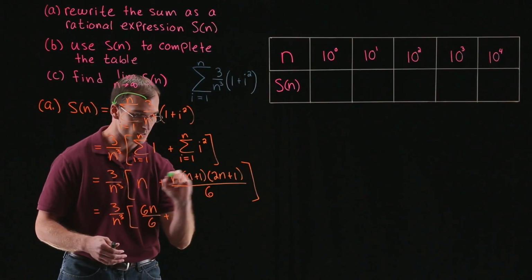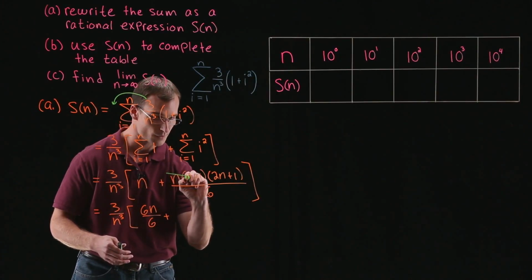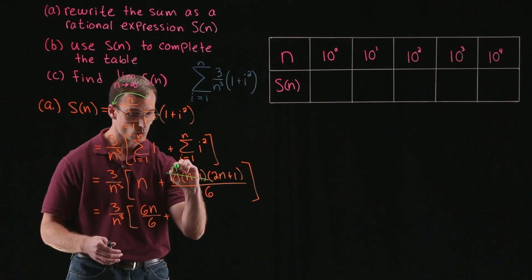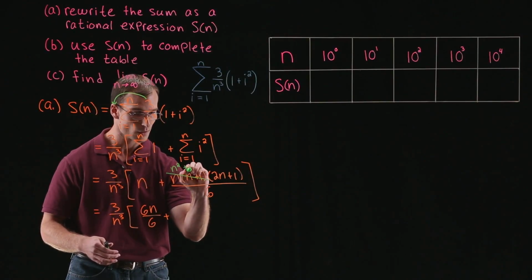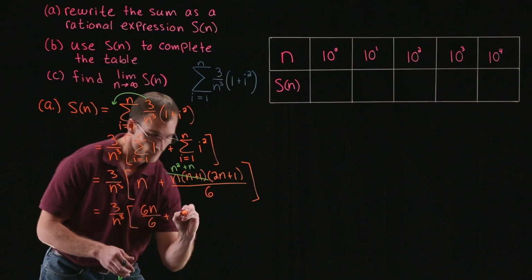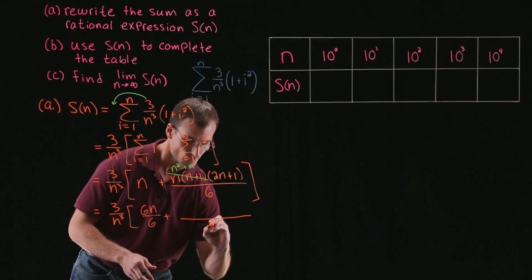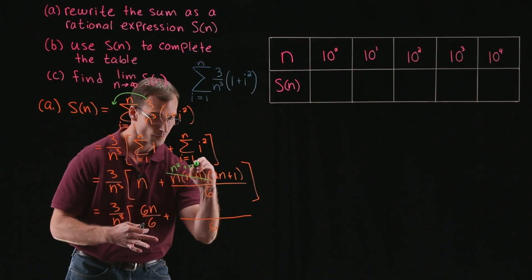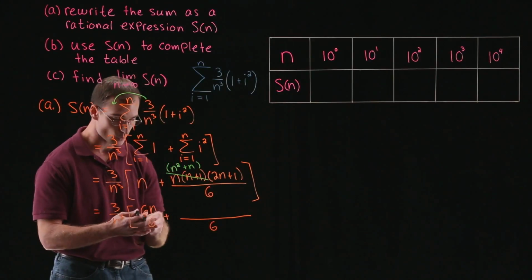We'll simplify that by multiplying out the top. First, n times n plus 1 gives us n squared plus n. Now we can FOIL out our n squared plus n with our 2n plus 1.